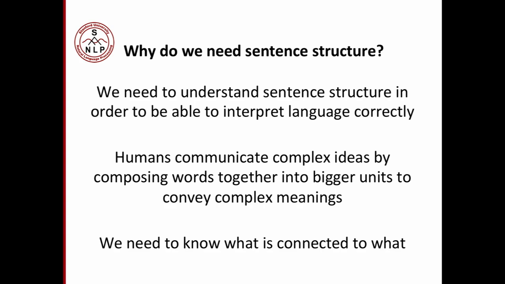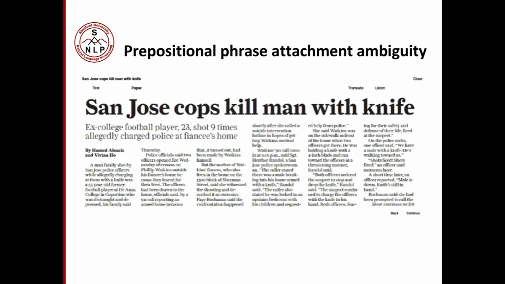By the time you're reading the morning newspaper, most sentences are 20, 30 words long, saying some complex meaning like, overnight Senate Republicans resolved that they would not do blah blah blah, and you understand that flawlessly by putting together those meanings of words. So we need to know what is connected to what in order to do that. One way of seeing that it's important is seeing what can go wrong.